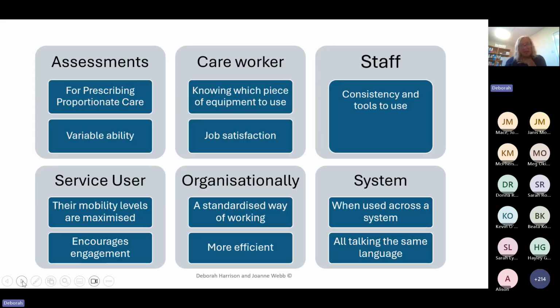So these are the results of what we found. It really lent itself not just to reablement work, but to prescribing proportionate care. We found that during the assessment, it really assisted with variable ability.